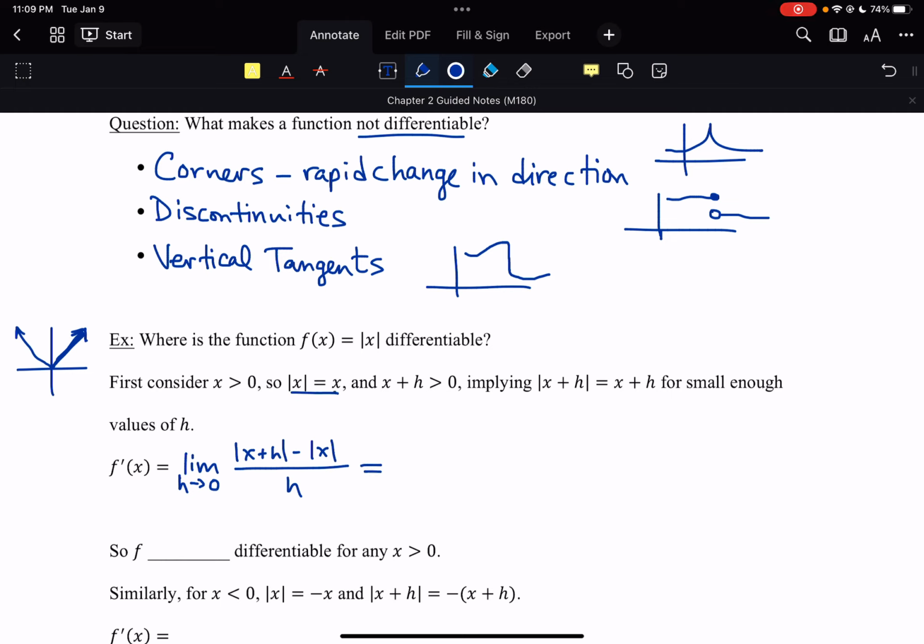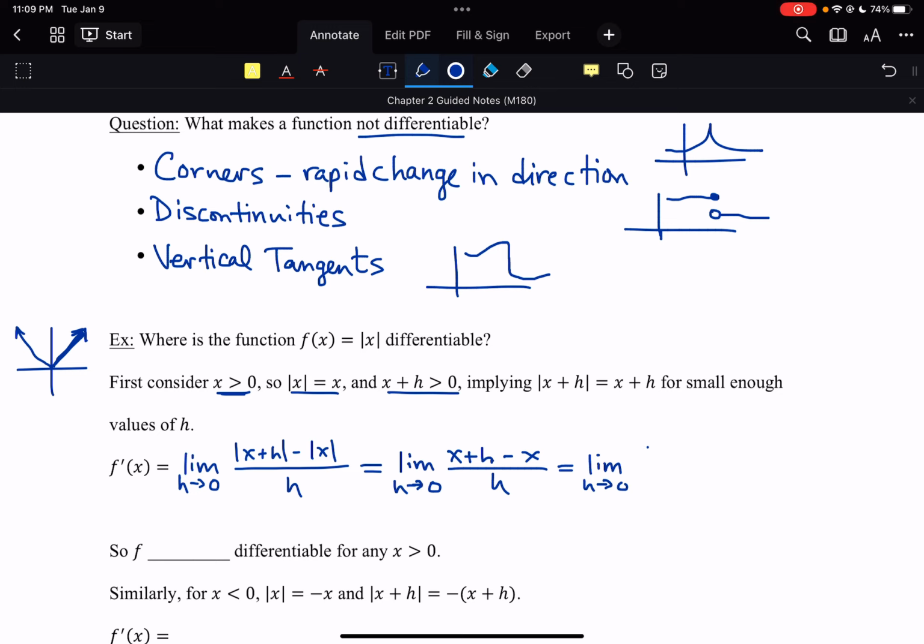But again, because all of the values are positive on this section of the graph, right, this portion up here, these absolute values are not necessary. So we get x plus h minus x all over h.